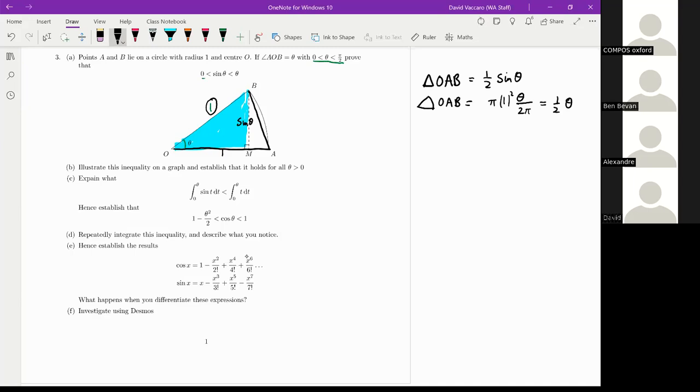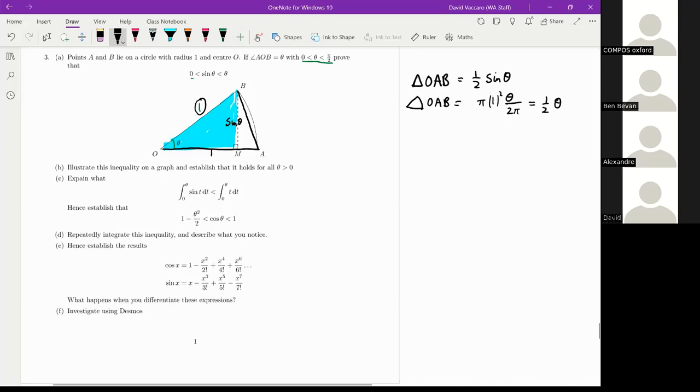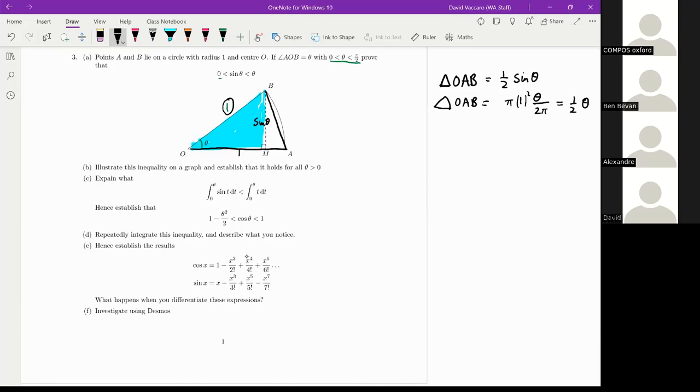Now, this is where I think we hit a slight philosophical question mark, which is whether you're a physicist or whether you're a mathematician. If you're a physicist, you're probably satisfied with just the claim that it is geometrically obvious that the area of the triangle OAB is less than the area of the sector OAB.